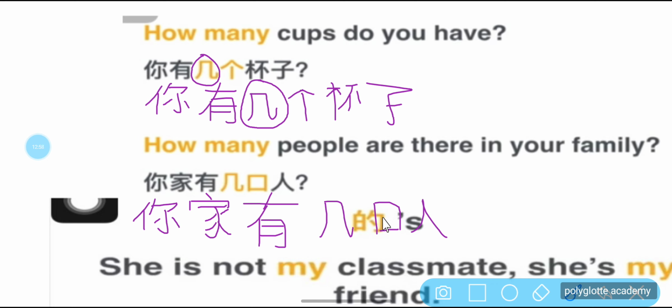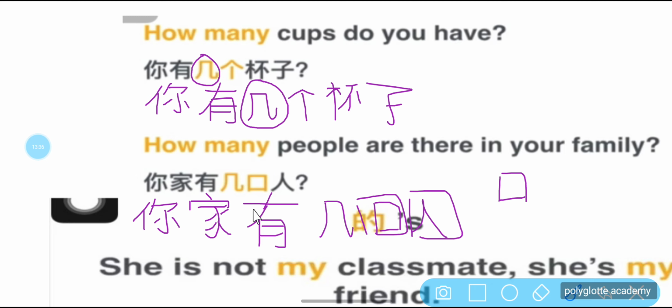Let's break these characters down. 人 means person, people. Now, 口 means a mouth, your mouth. So 几口, but in this case, it's acting as a measure word. 几口人。There's one thing I did not explain yet in this sentence, and I'm going to do that. Now, let me finish with this one.